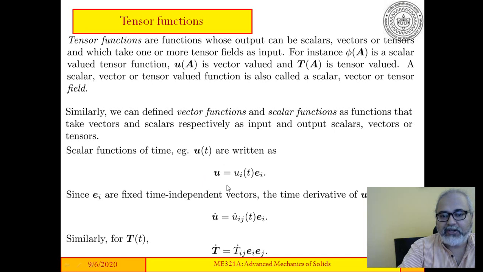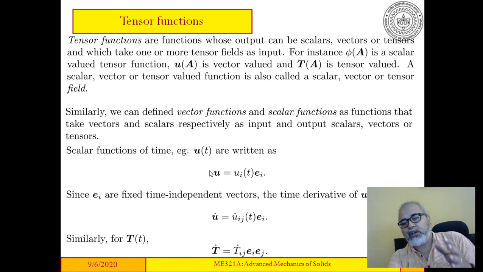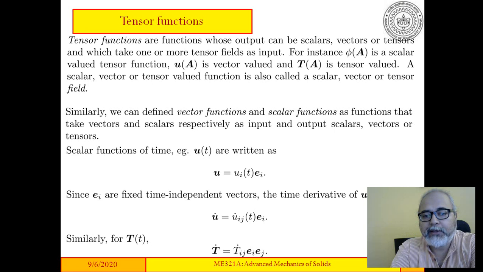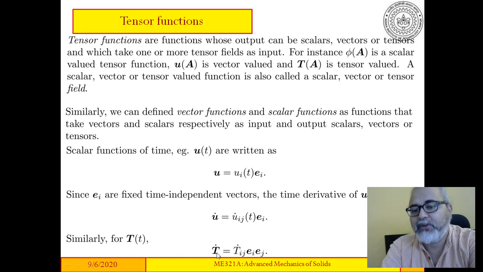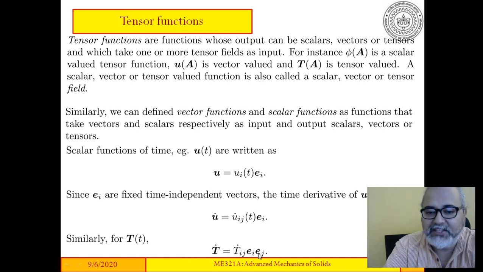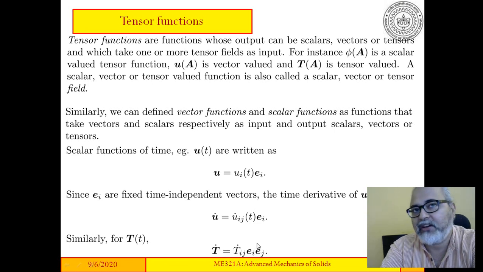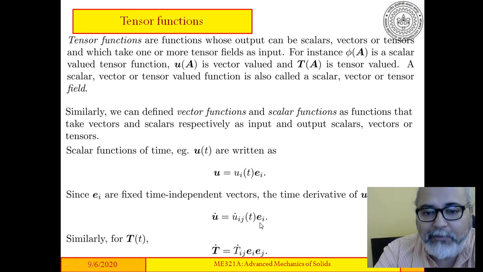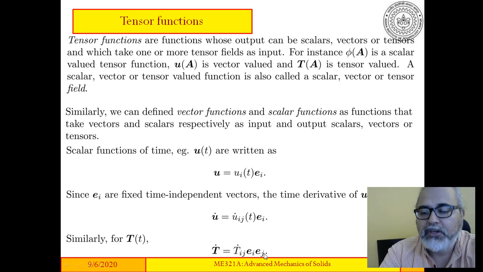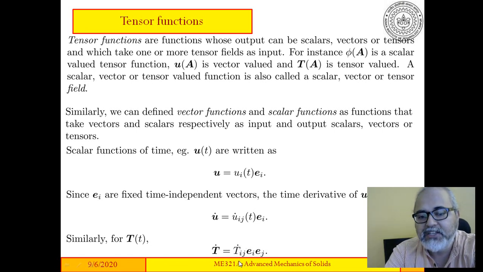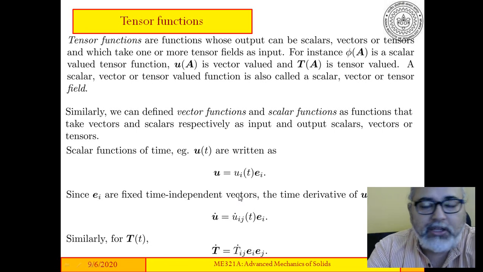So this is how we take time derivatives of vectors which are just functions of time. Similarly, if a second order tensor is a function of time, its time derivative would be tij dot ei ej. Remember, ei ej are fixed vectors, so neither them nor their dyadic products would change with time. So they are invariant with time. The components are functions of time, so you just take time derivatives of these components, and you are done.